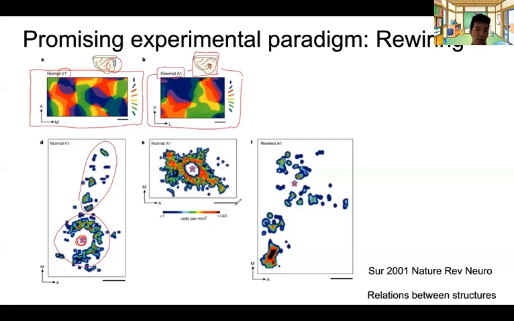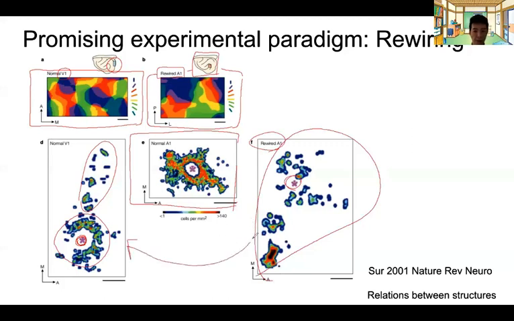Compared to the connection pattern in the standard normal A1 neurons, which are highly, densely connected to neighbors only, rewired A1 neurons show, here's a cell body, an extended kind of dendrite pattern which is very similar to V1, the visual cortex. So this means that the local neural connectivity, the structures, and the potential activation pattern of the auditory neurons became similar to the visual system, but it's not quite identical, okay?